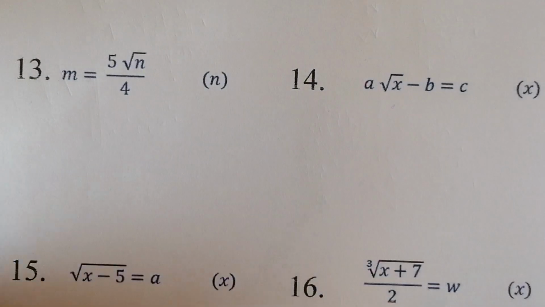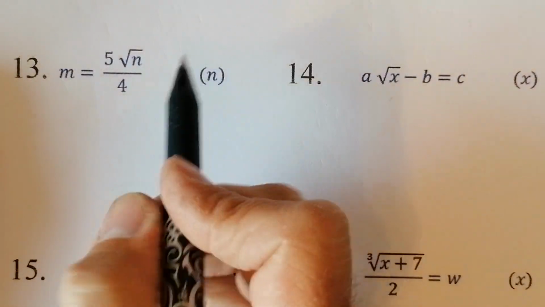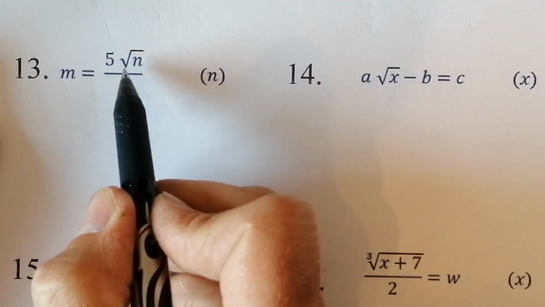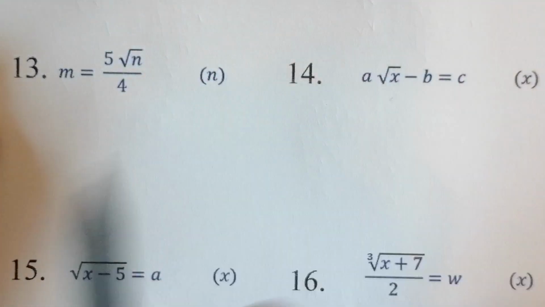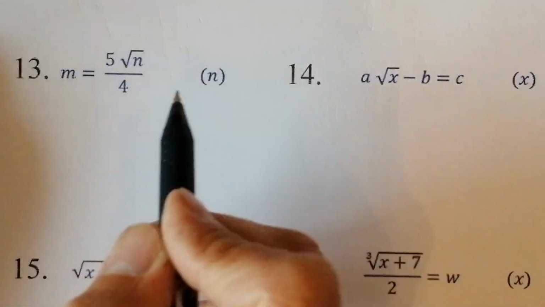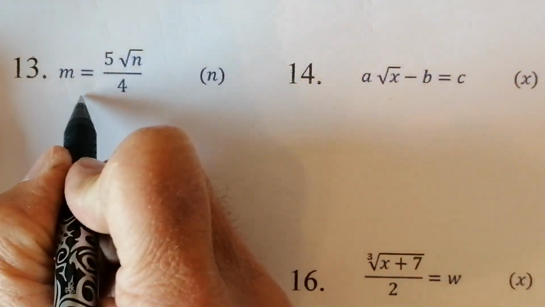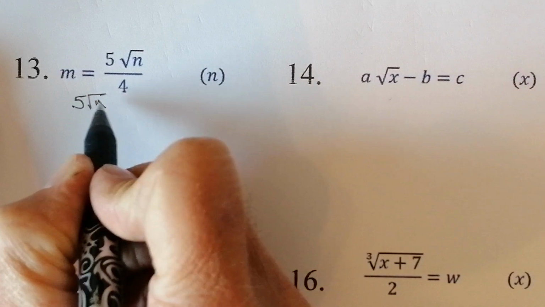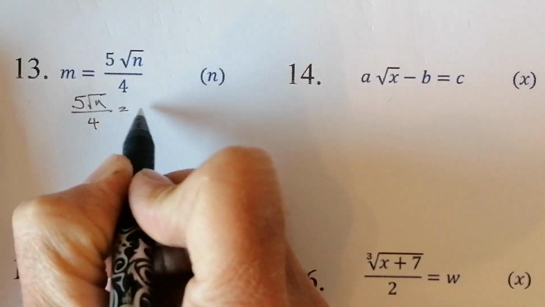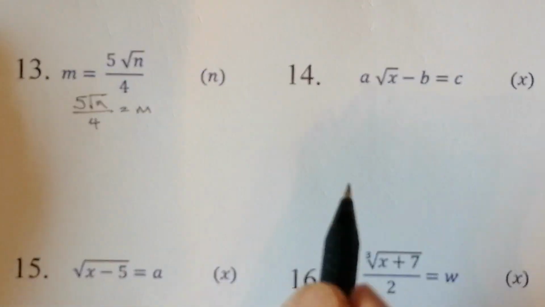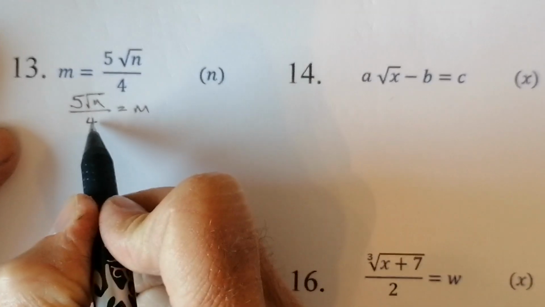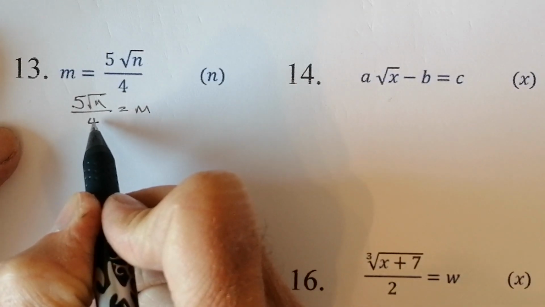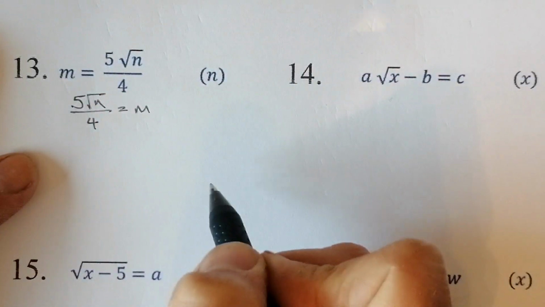So remember, we're just doing the opposite for each. So for this formula here, m equals 5 root n all over 4, I'm going to change the subject to n. Okay, I'm going to write it round the other way first of all. 5 root n all over 4 is equal to m. Right, first thing I'm going to get away is going to be the 4. So I could multiply by 4 and divide by 5 and get rid of them right away.